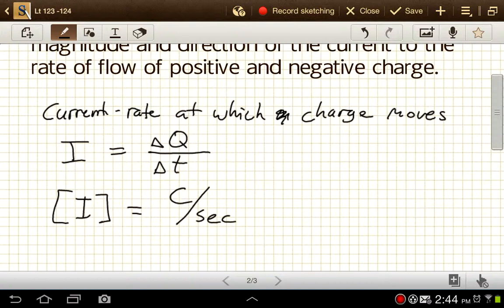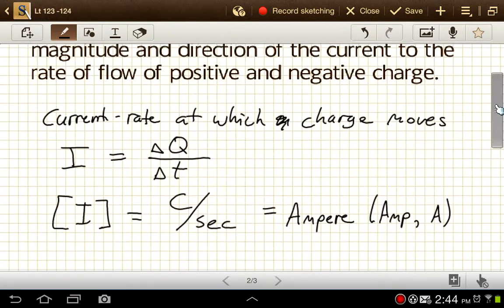We have another unit that we use for that called the ampere, or sometimes amp, abbreviated to a capital A, for the flow of charges, or for the electric current.